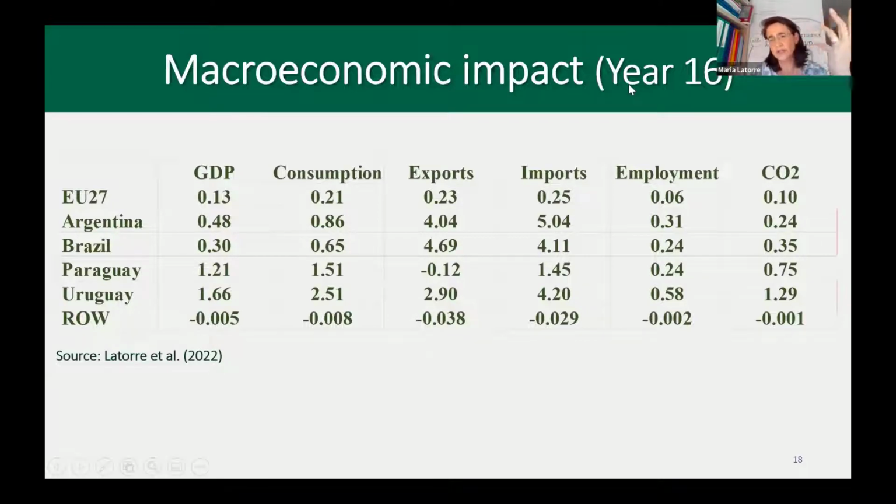So let me show you basically what we get. I'll focus on the results for year 16, and then I'll expand to cover the impact of the different assumptions for the wage curve also for that year. So basically, we find that all signatories gain.